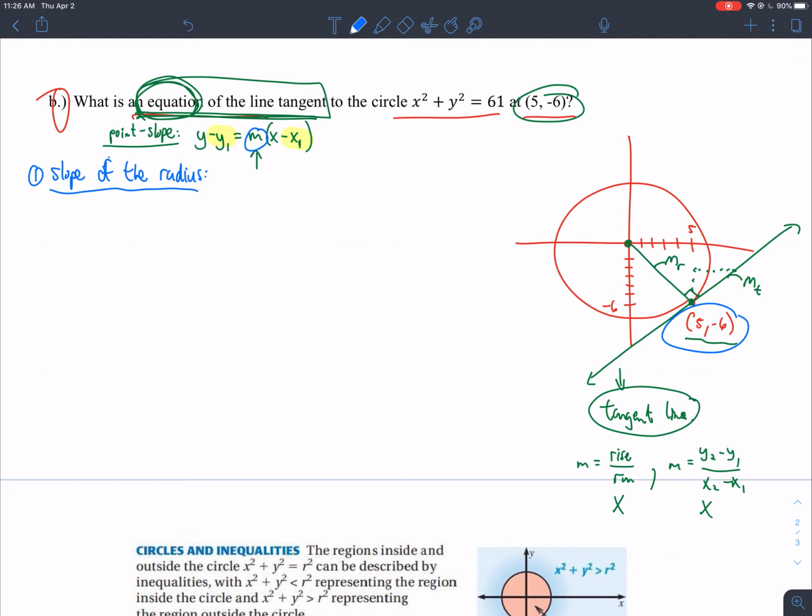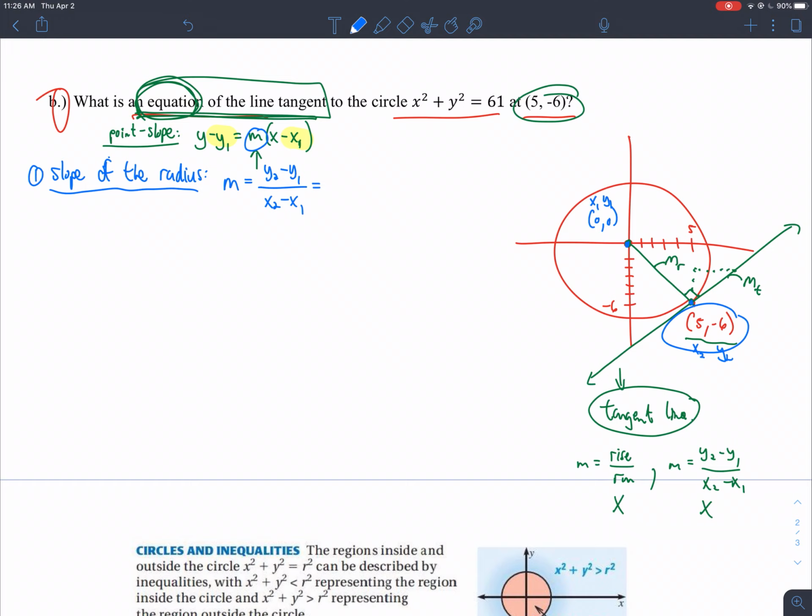Now, I can use this formula: slope equals y2 minus y1 over x2 minus x1. And I need 2 points. But, good news, I have 2 points. 0, 0 is the first point on my radius, and 5, -6 is the second point on my radius. So I can call this x1, y1, and I can call this x2, y2.